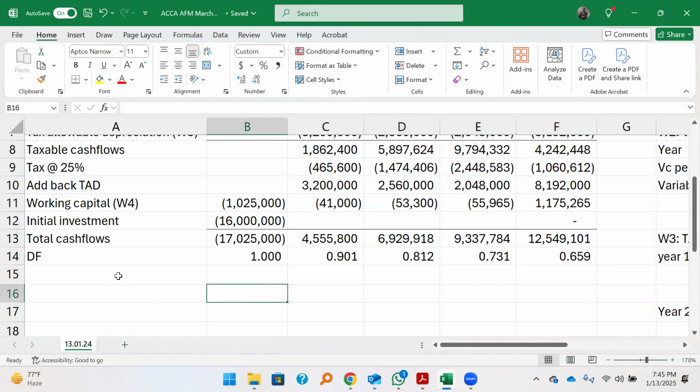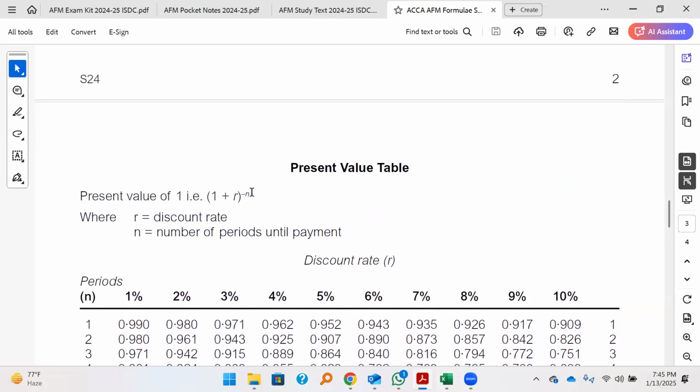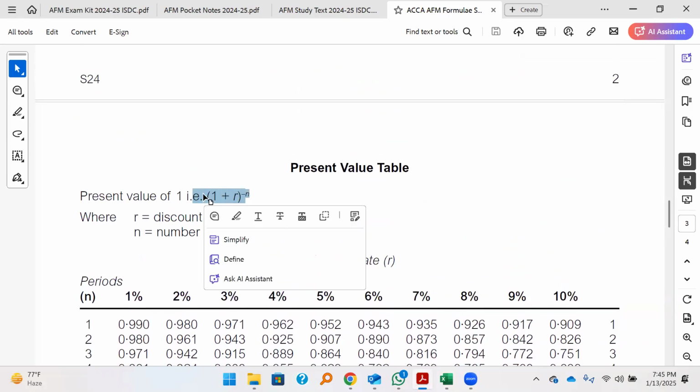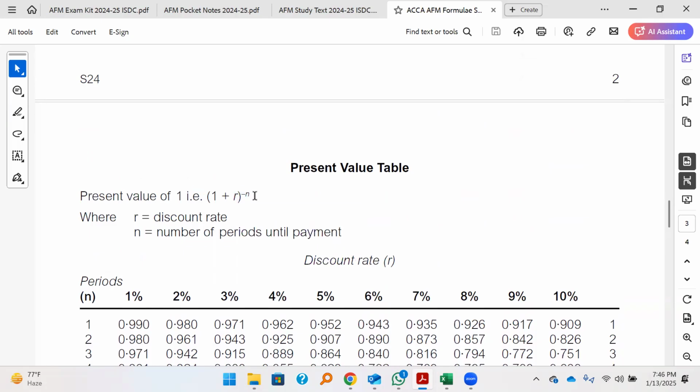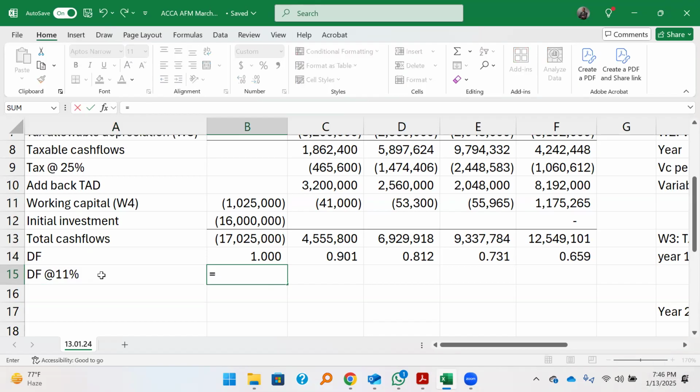Okay. However, on the same tables, there is a formula for finding the present value, 1 plus r power minus n. And that one saves you by just coming here and you just say equals 1 plus 11% power minus n.